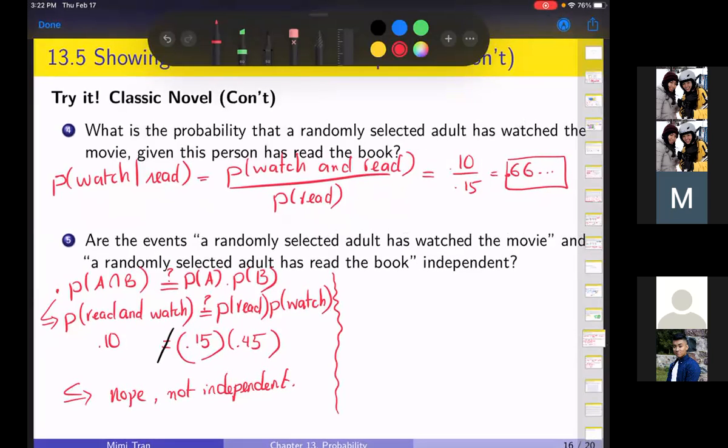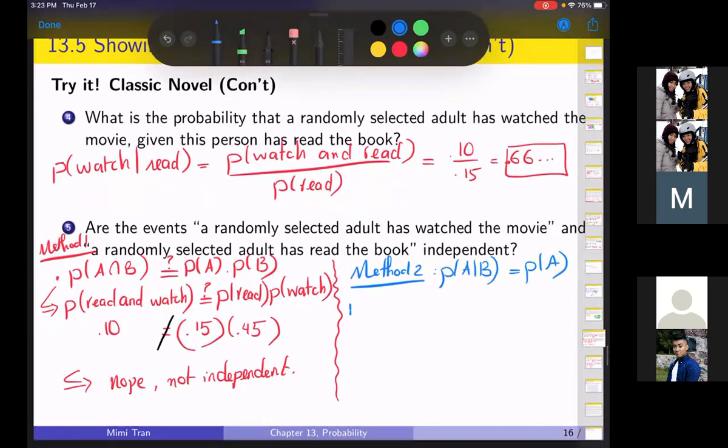So this is method 1. Method 2. Are you blue? I'm going to use this rule. I'm going to use P of A given B is equal to P of A. This also implies that A and B are independent. So say P of read given watch.